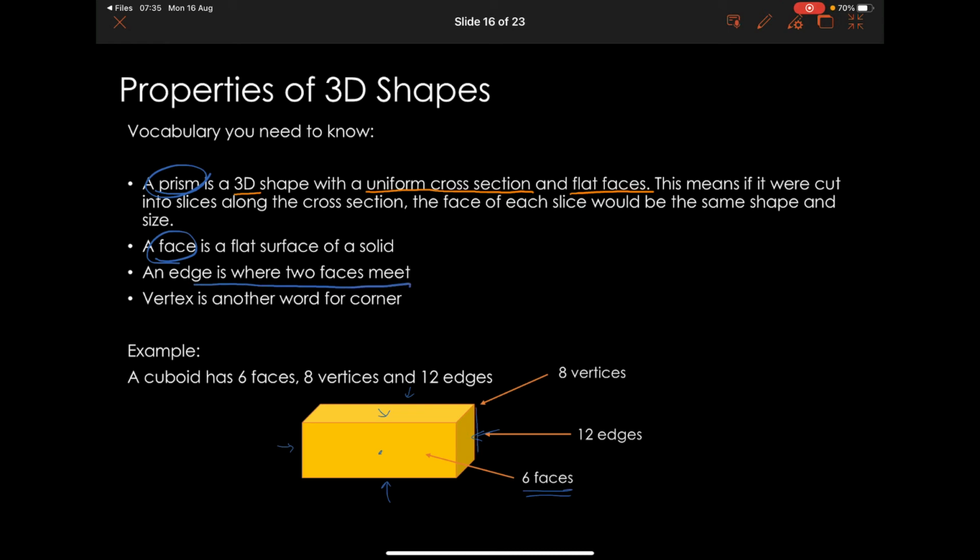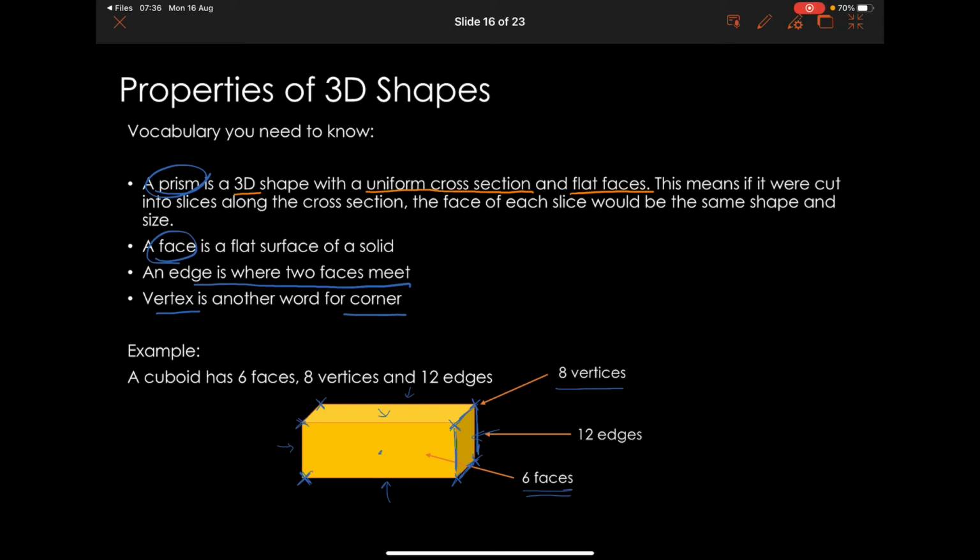So for example, this is an edge, this is an edge, and so on. And a vertex is basically a corner, and it has 8 vertices. Vertices is how you say more than one corner. And they're all the corners here. So you know what a corner is.